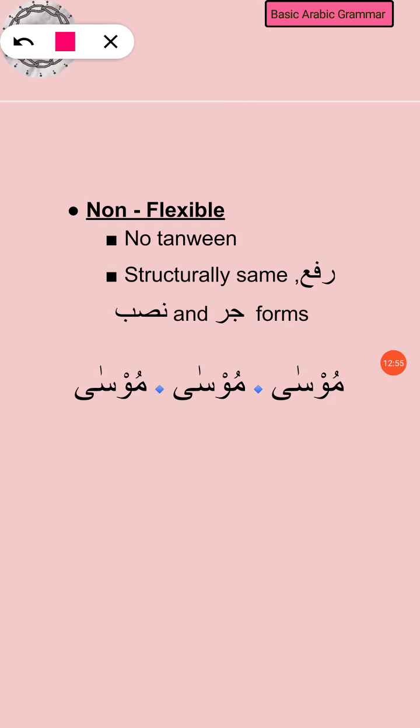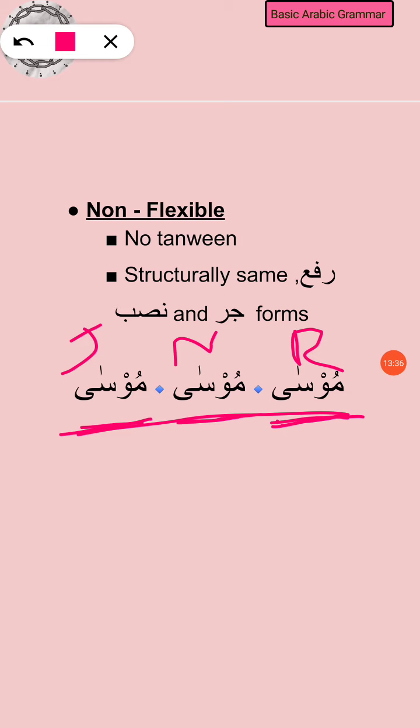For example, if I have the word Musa, Musa alayhi salatu wasalam, this is the Rafa form, then this is the Nasab form, then again this is the Jar form.